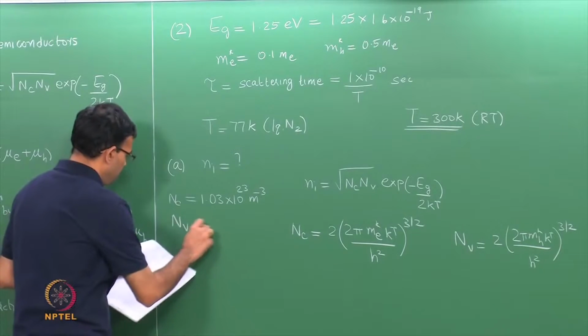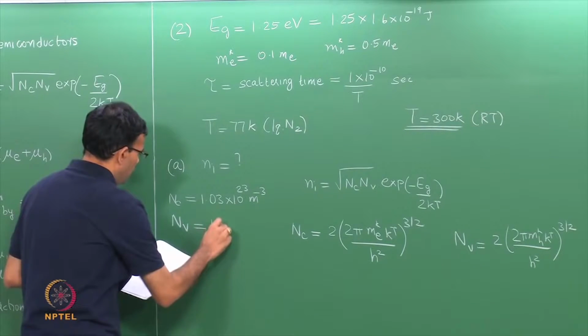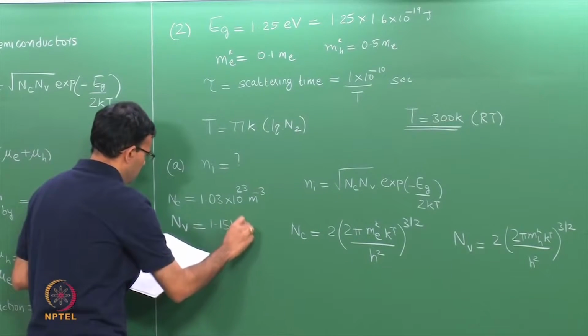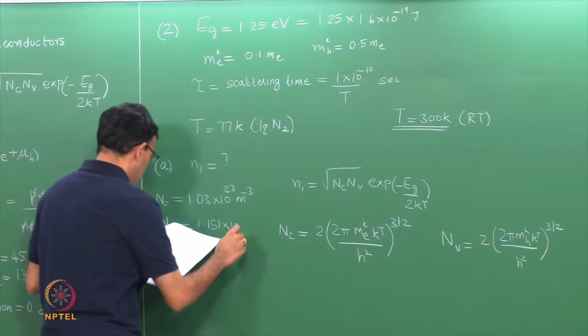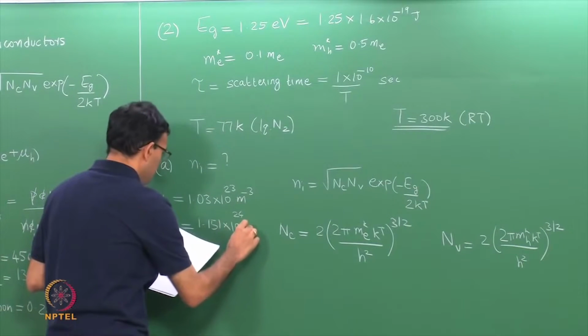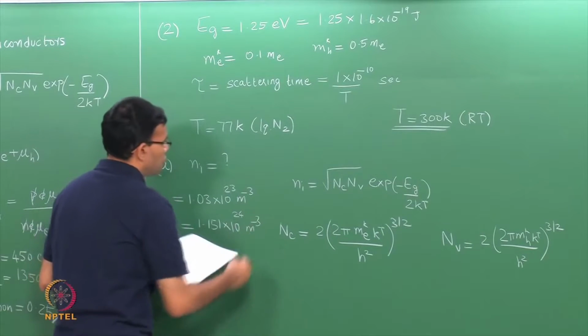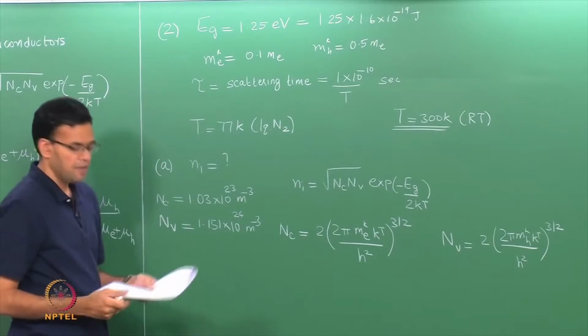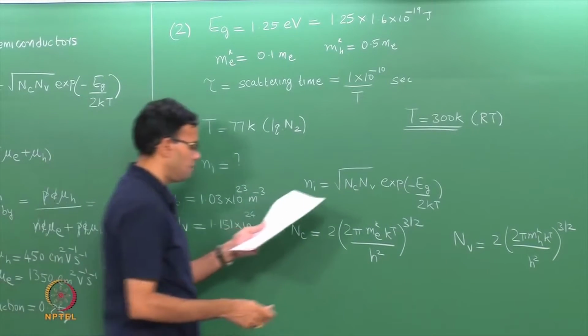Similarly, Nv is 1.151 times 10 to the 24 per meter cube. We can do the same calculations for 300 Kelvin.